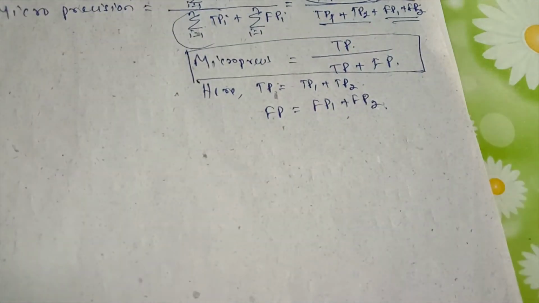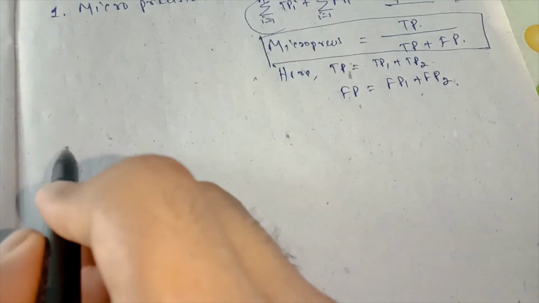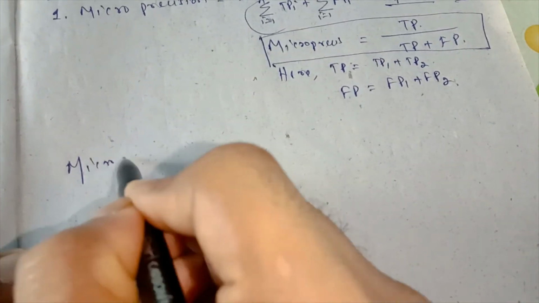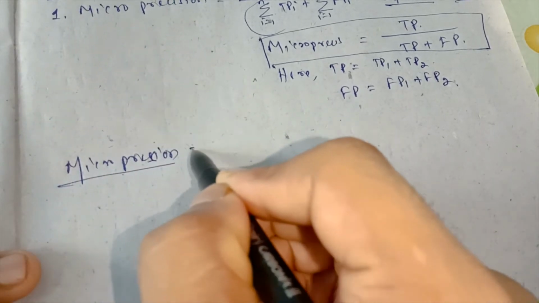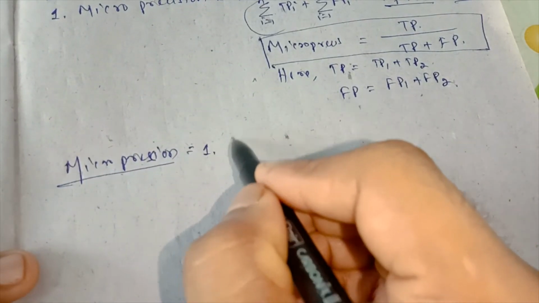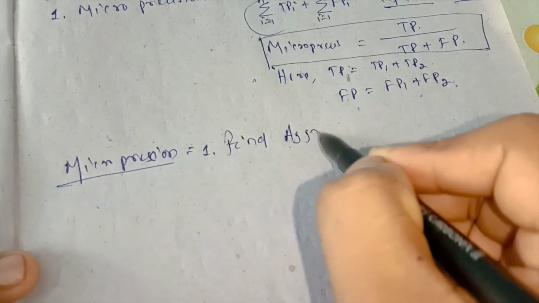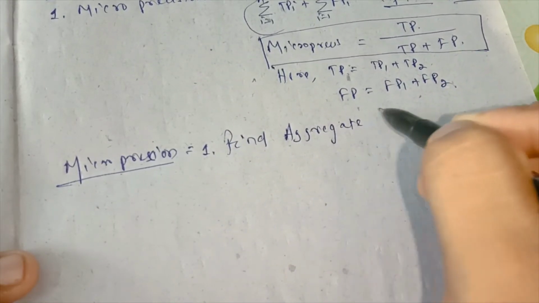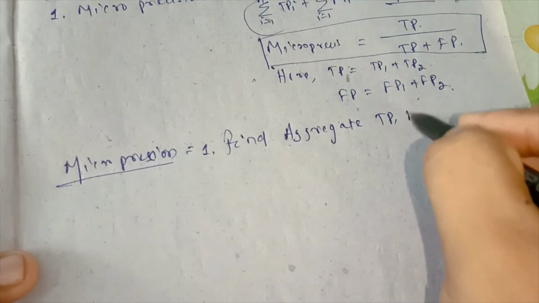Now one thing we need to think about: in words, how do we calculate micro precision? First, find the aggregate TP and aggregate FP.